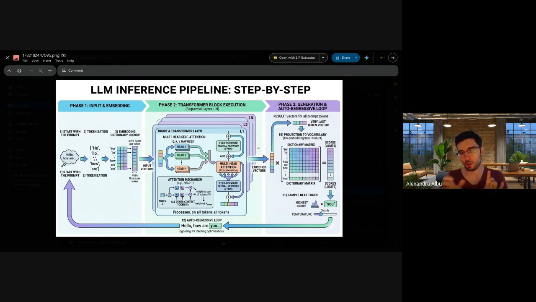Okay, so now we compute this dot product for all the other tokens and myself. Again, I'm speaking from the point of view of a single token, but this happens for all of them. For a single token, you compute this dot product with all the keys of the tokens in the prompt.